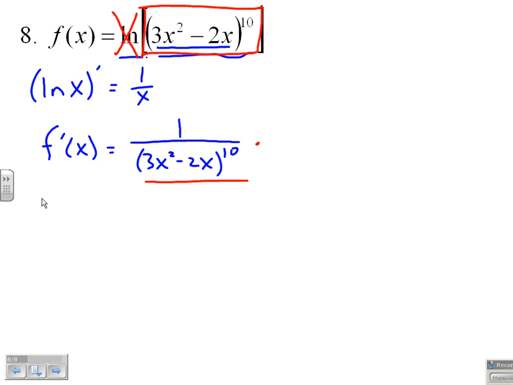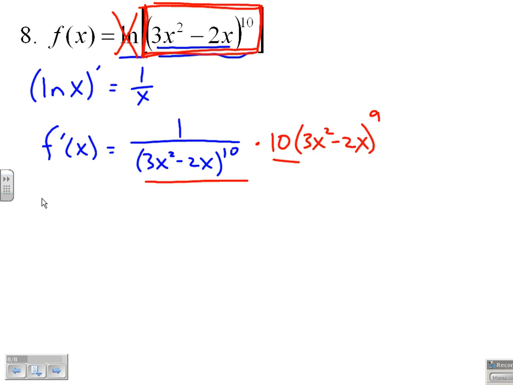So my outside derivative is 10 something to the 9th. 10 what to the 9th? I'm not finding x to the 10th's derivative. I'm finding 3x squared minus 2x to the 10th's derivative. So I want the outside derivative of its inside function, 3x squared minus 2x. But how do I find the derivative of this chain?